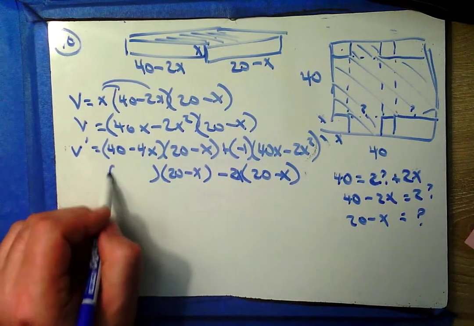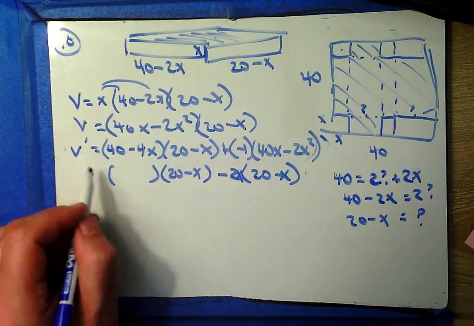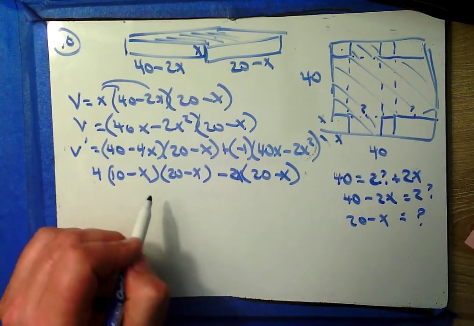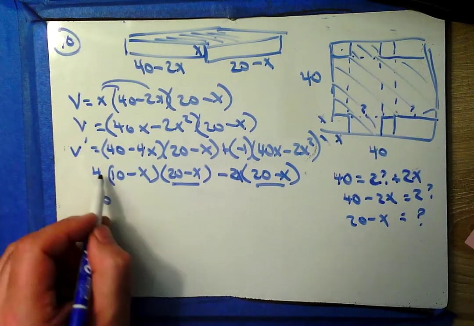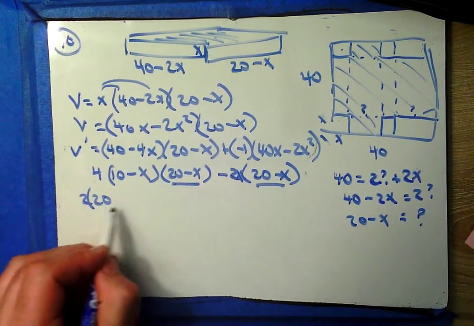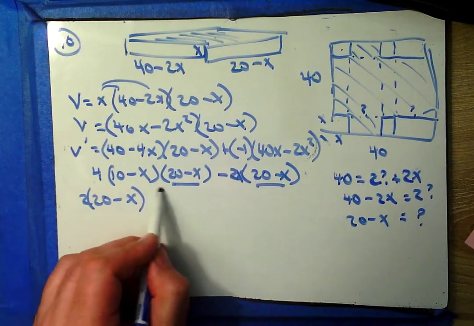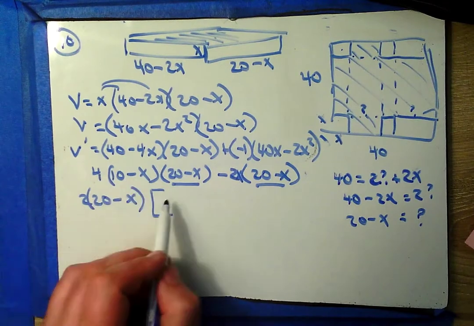And over here, I have a 20 minus x, and I can factor out a 4 and have 10 minus x. Well, that doesn't get me much, but this does. So I can pull out a 2 and a 20 minus x, and I'm left with a 2 here because I took out 2, and this 10 minus x.